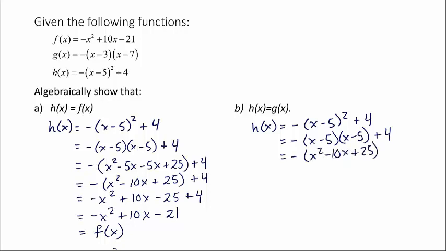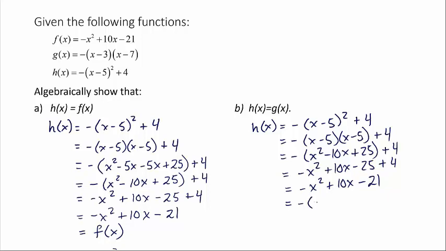We just did this with the other example, right? And negative x squared plus 10x minus 25 plus 4. So we're now to the point that we got in the previous example. We just showed once again that it's equal to f of x, but now I want to take it another step further and factor that, because g of x is in the factored form.